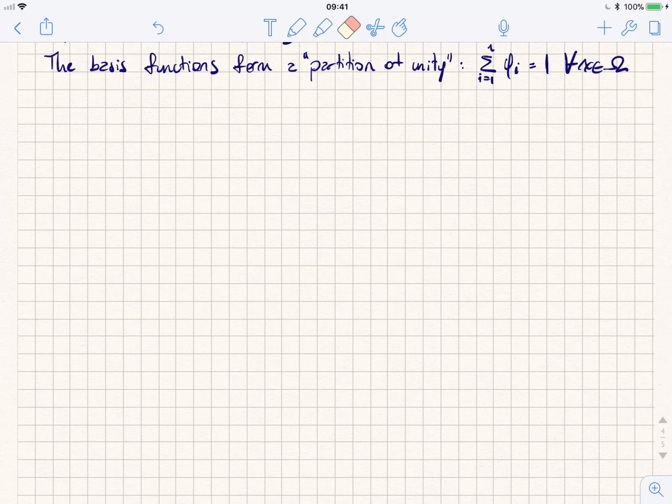And so if we do this, let's consider the equilibrium of one element. Of course, we're talking in a weak or variational sense, okay?